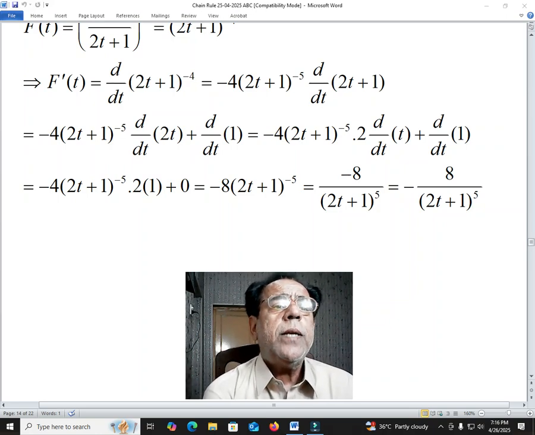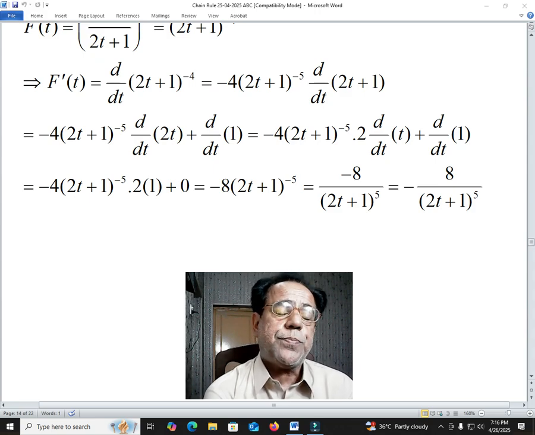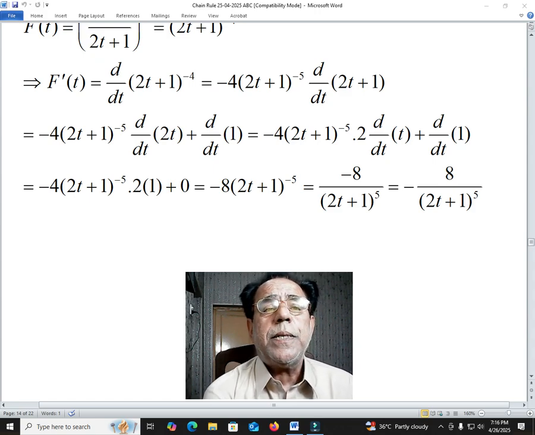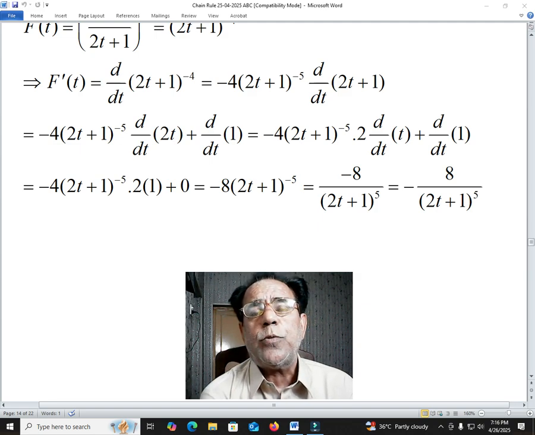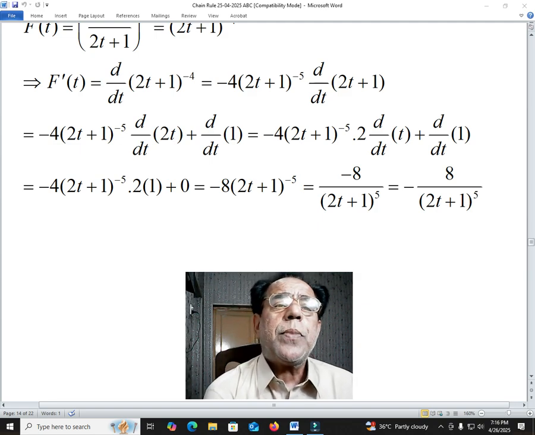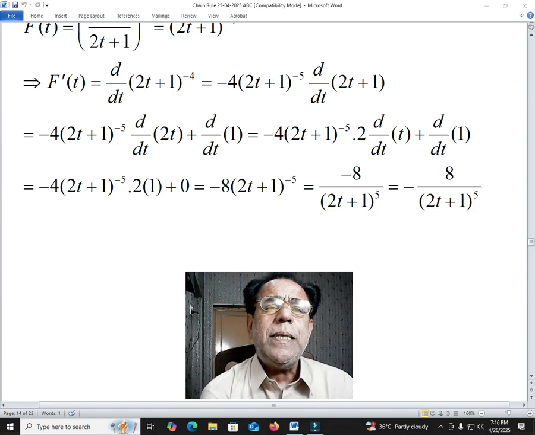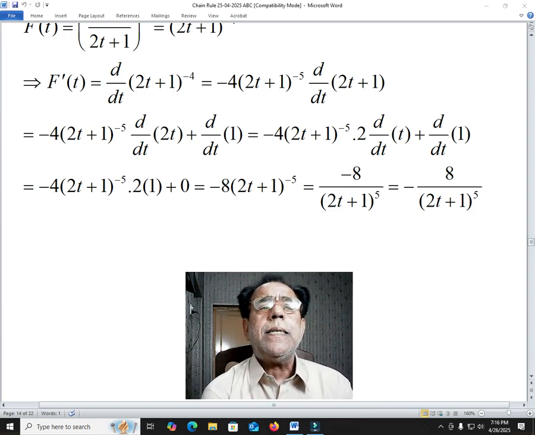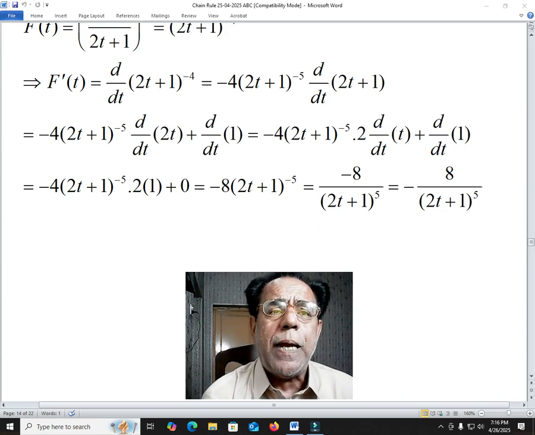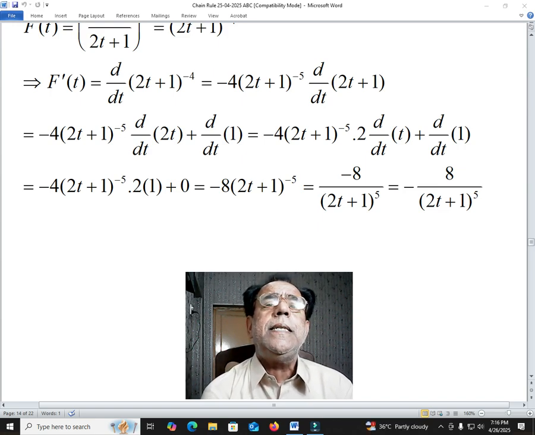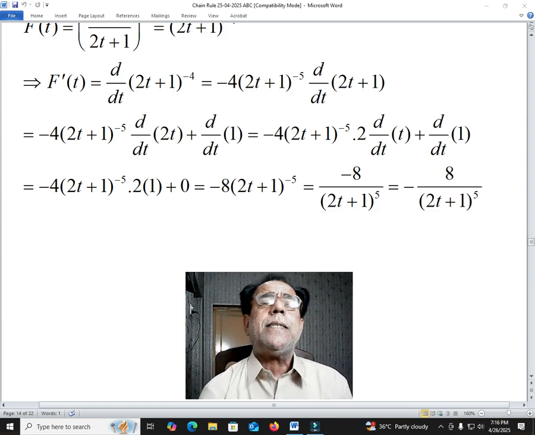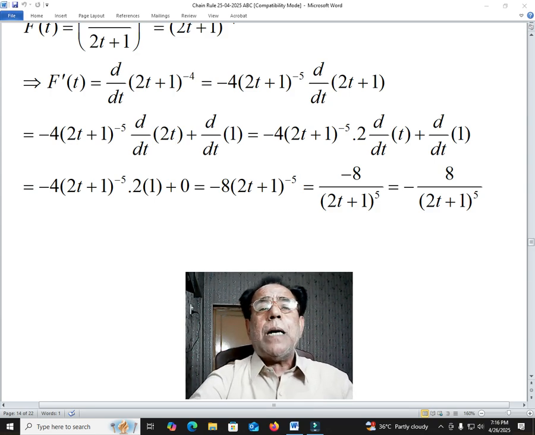Okay, so after several simplification steps our answer becomes minus 8 over 2t plus 1 raised to power 5. Okay, because in the previous steps 2t plus 1 is raising to power minus 5 in the numerator, and when shifted to denominator this minus 5 power becomes plus 5.